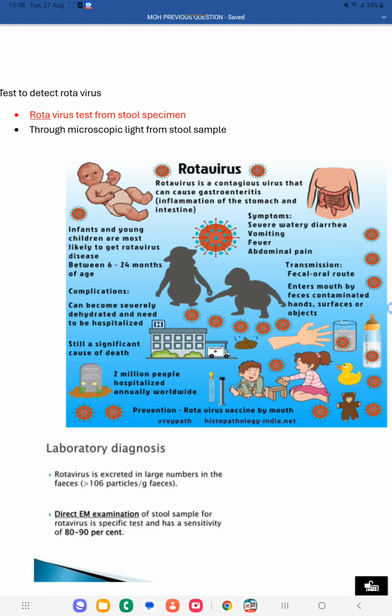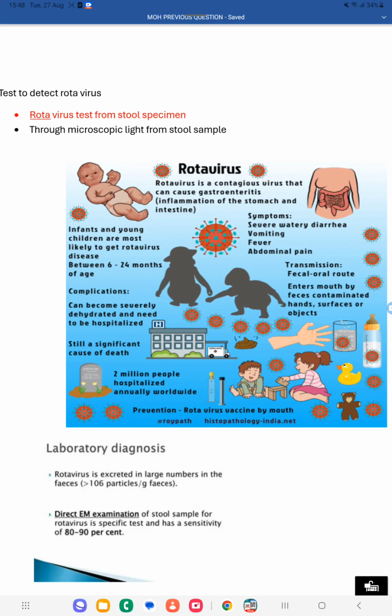Through that way it spreads to other children, through unwashed hands and contaminated surfaces, to other infants and young children.